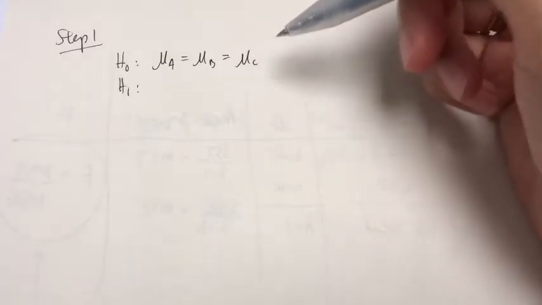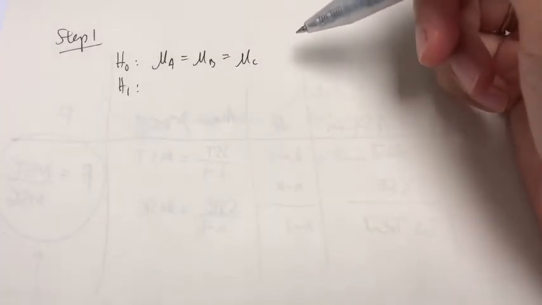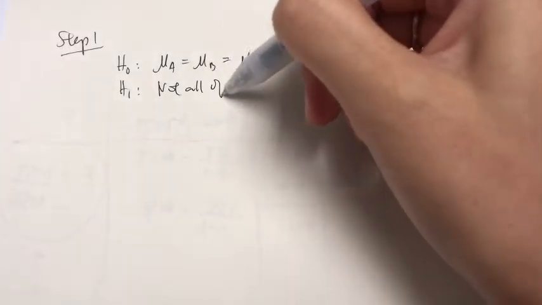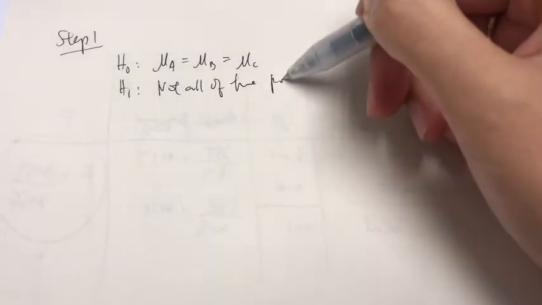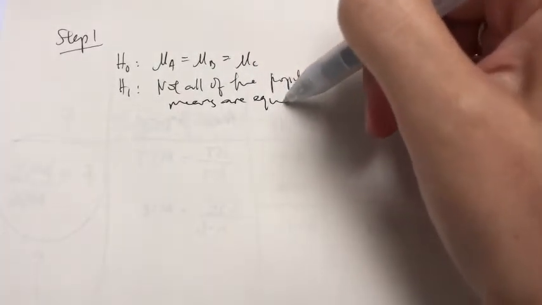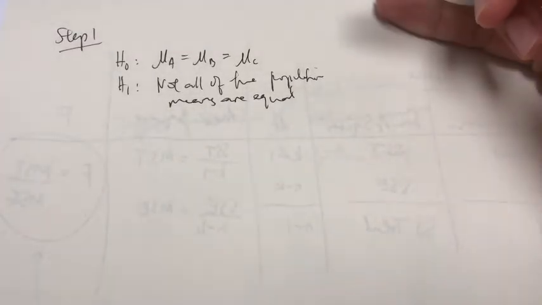Alternatively, the alternate hypothesis states that at least one of them is not the same, or not all of the population means are equal. Or you can also say at least one of the population means is different.